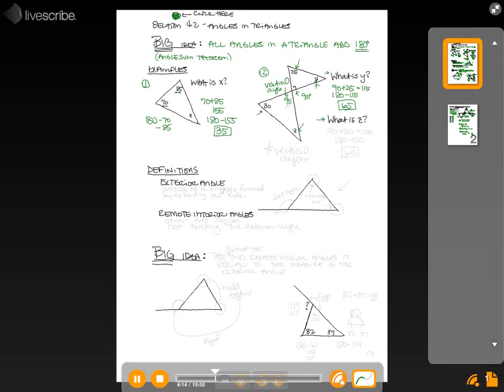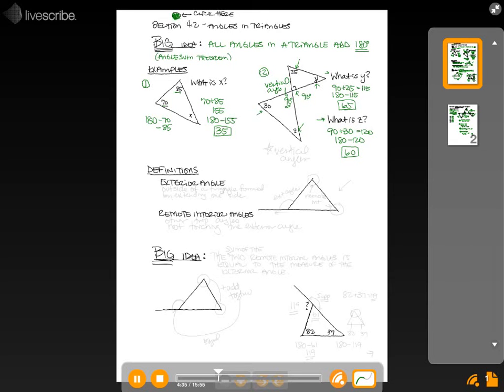So this one is also 90. That's going to be a big idea today, okay, vertical angles. So that one's 90. We do the same thing. This time, though, it's 90 plus 30, which is 120. 180 minus 120 gives us 60. So there's z. Z is 60.